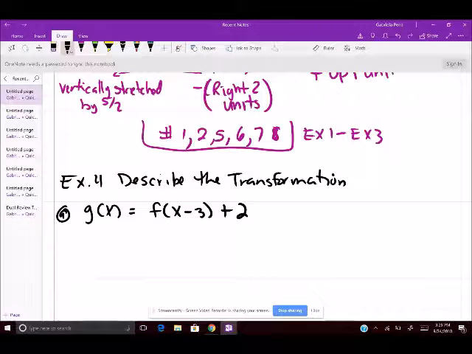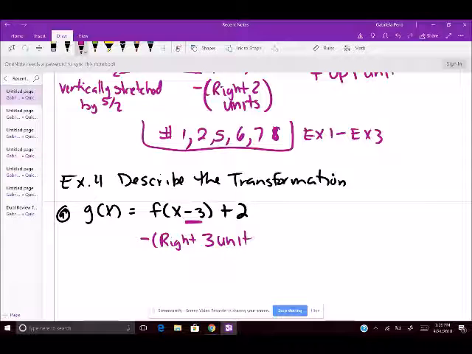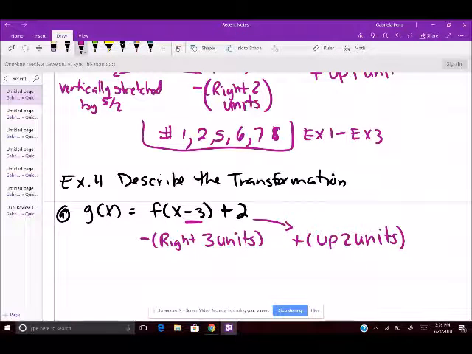Not that it's going to be harder or anything like that. So basically what you do here is going to be the same things that we were looking for. Because it is grouped, a minus means that it moves to the right 3 units. And because this is a positive, it means that it moves up 2 units. So it's the same thing.